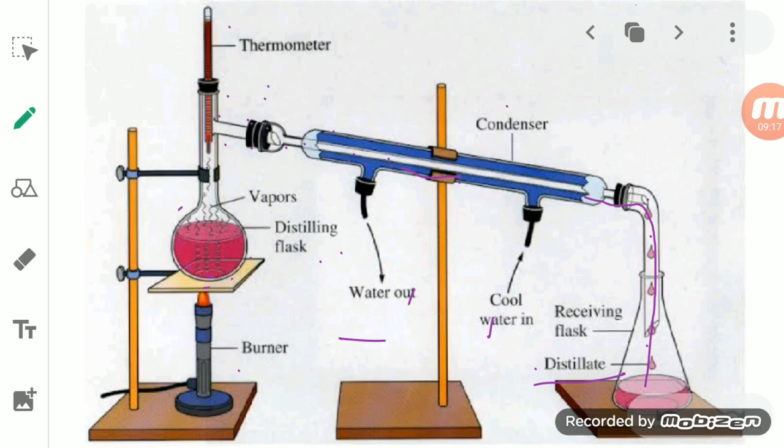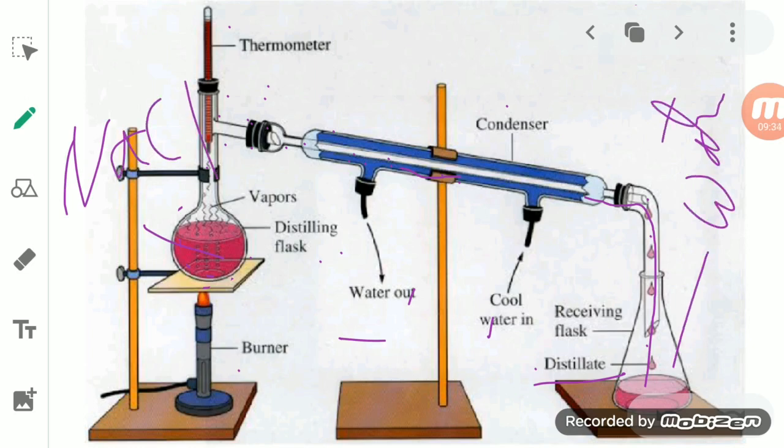Okay, while the salt which was mixed with the liquid will remain in the flask. So you can see here in this flask, NaCl will be there. And in this flask, we will obtain the water. Okay, so in one, common salt will be there, and in the other, the water will be there.